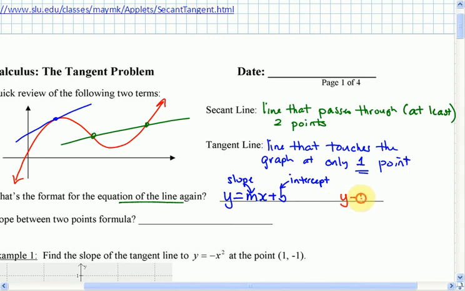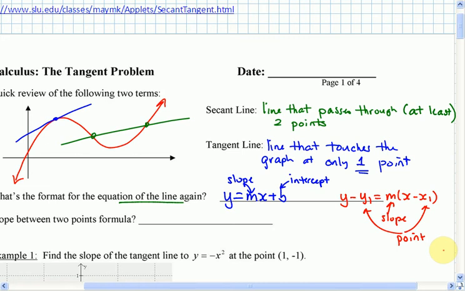It's this one, y - y1 = m(x - x1). Remember this one? Because you have y1 and x1, this is called the slope-point form. So we did all this stuff in grade 10. You review your notes from grade 10 if you still have them, okay? And if not, then go find some grade 10 friends and borrow their notes, okay?